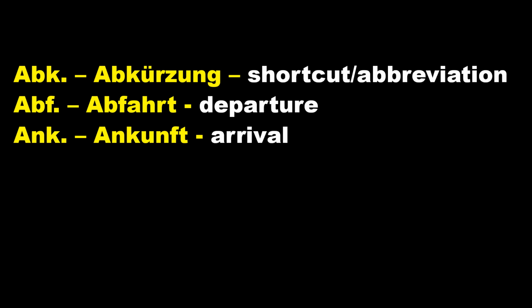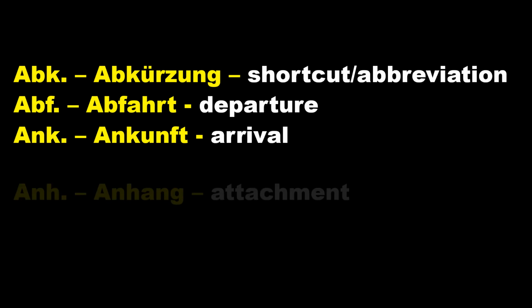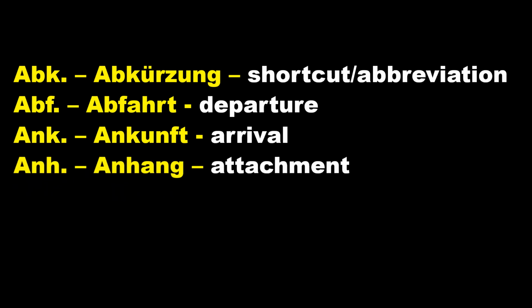So these two words quite frequently you will hear at the platform, at the railway station or at the airport. Next one is ANH, which stands for Anhang, attachment. When you attach some files along with your emails, then this word is being used.